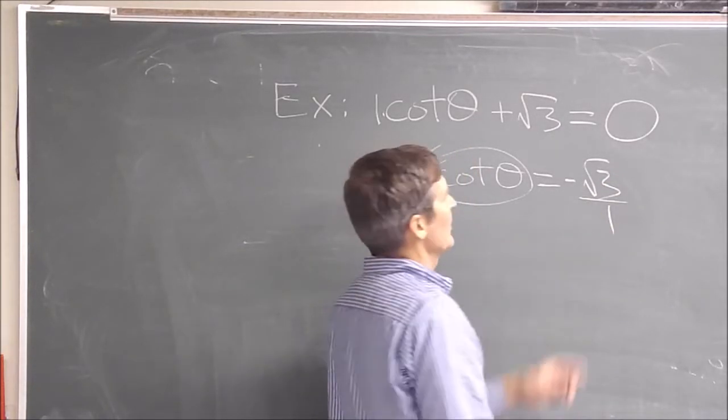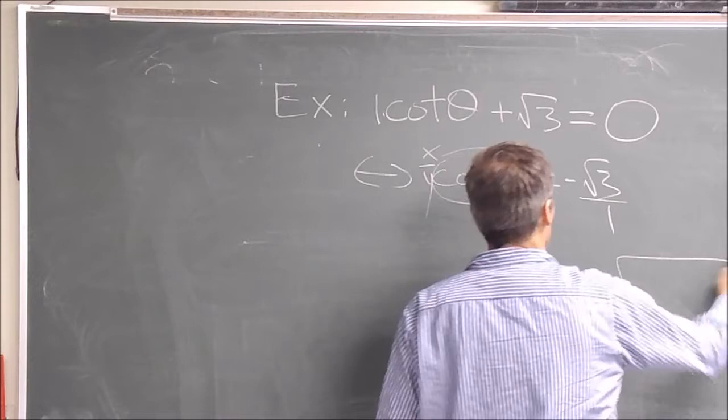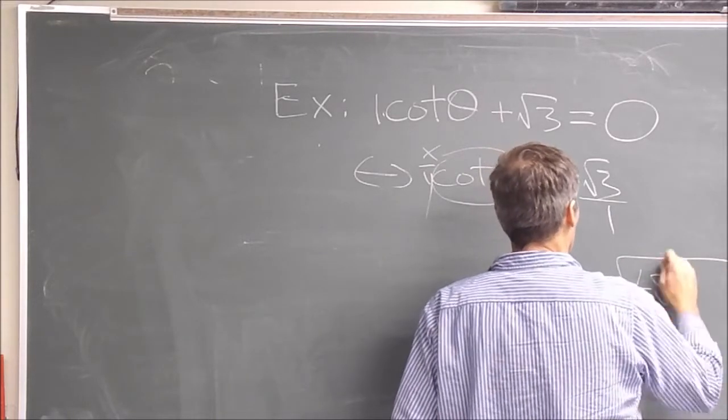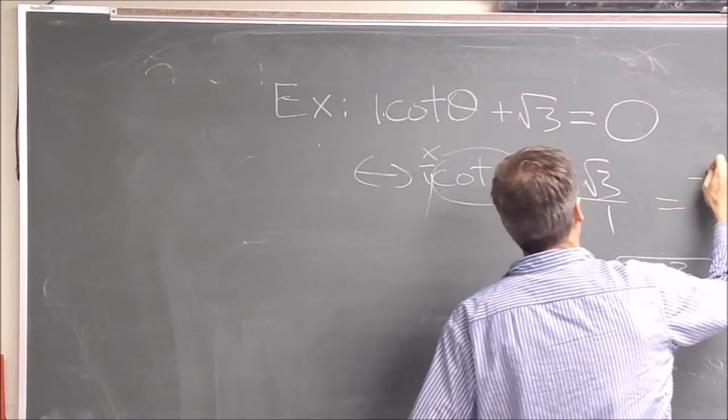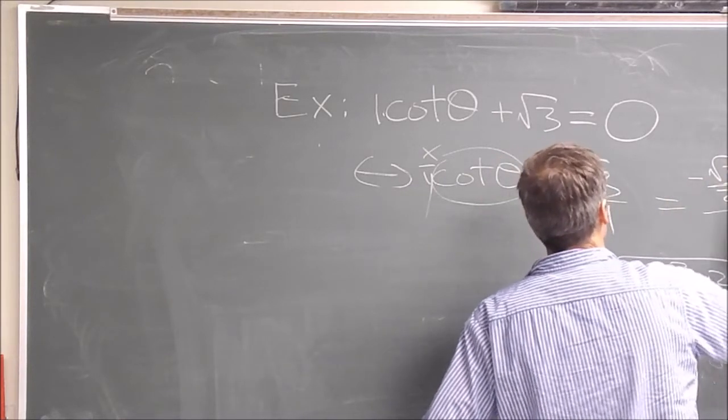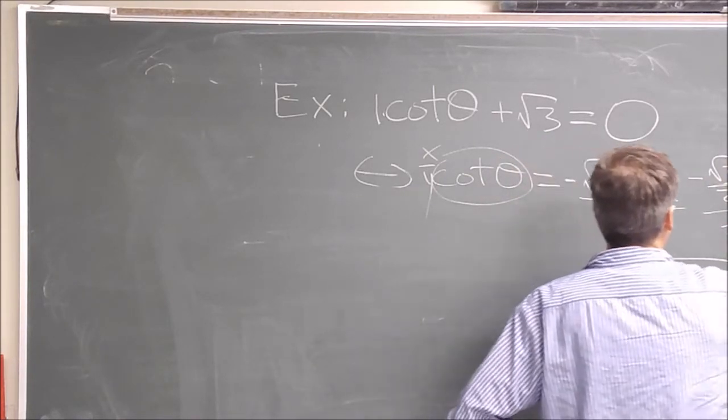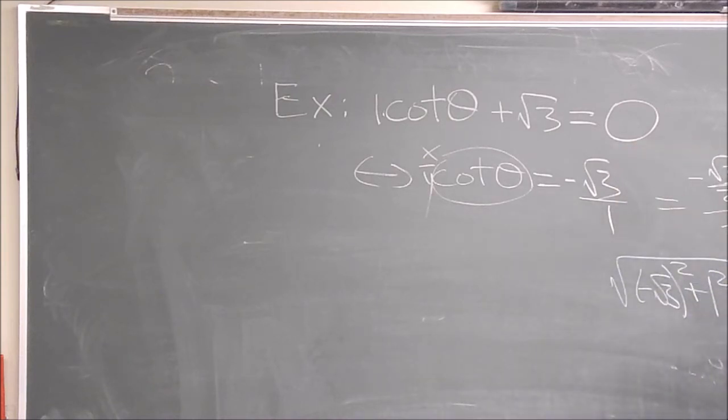That point is outside the unit circle, so I divide by the root sum square of those, which is 2, and rewrite this as minus square root 3 over 2 over a half. You can probably guess this division. Or you can also make it square root 3 over 2 over negative a half. And so this will be a point on the unit circle that has this cotangent, and that's all. Let's solve this for theta between 0 and 2 pi this time.